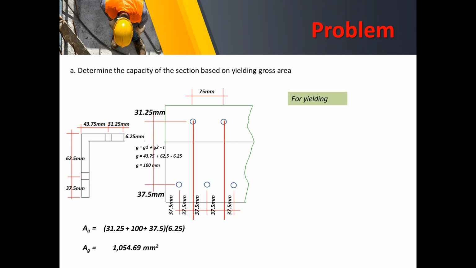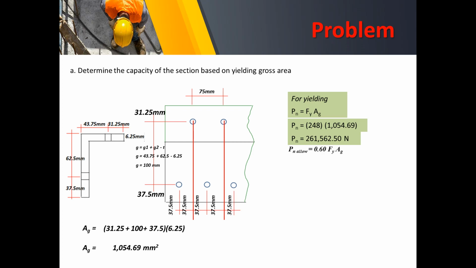Knowing that area, of course, we now apply the design strength, FyAg. So 248 times 1054.69. So we have 261,562.5 newtons, and that is equal to 261.56 kilonewtons.